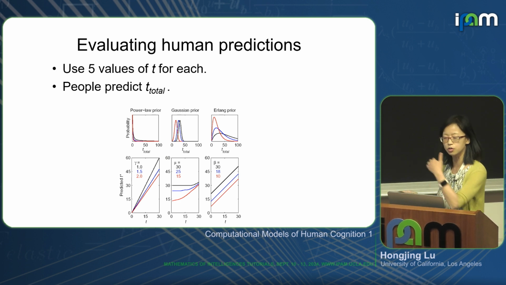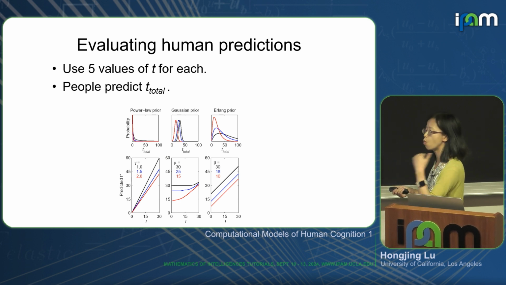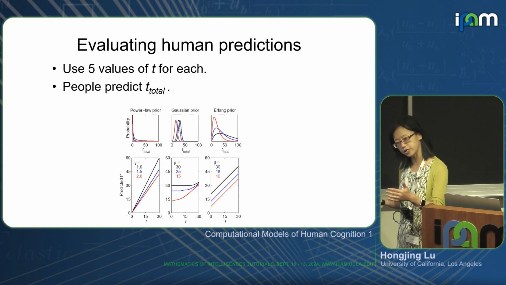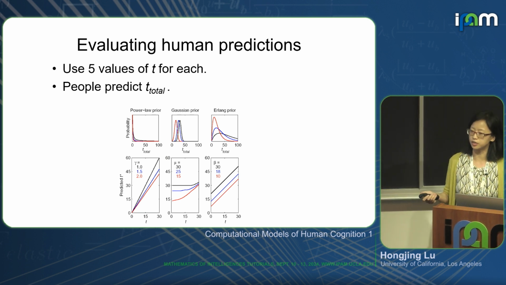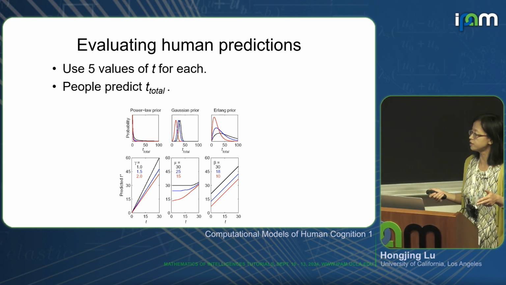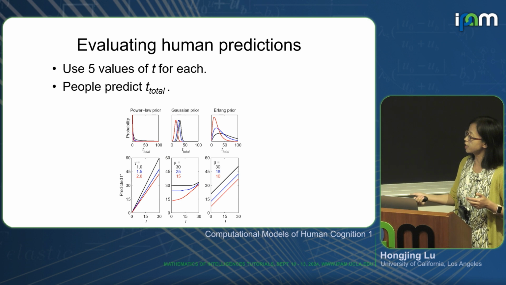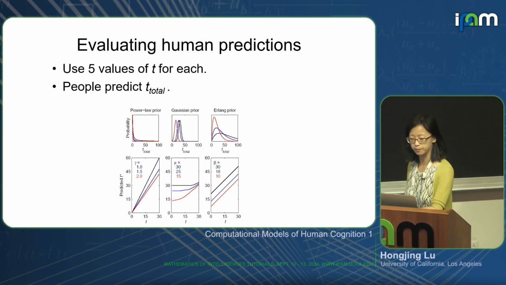This goes beyond Gott's original study: rather than asking for one observation to estimate the lifespan, you ask about 5 different values. You meet someone 60 years old, someone 30 years old, someone 70 years old, and so on. Then we can measure this function and try to capture it with human behavior.